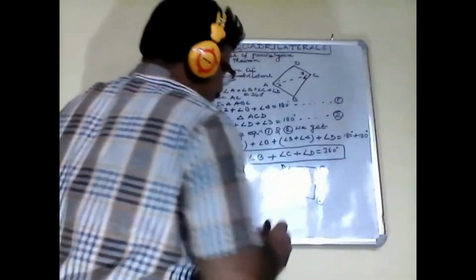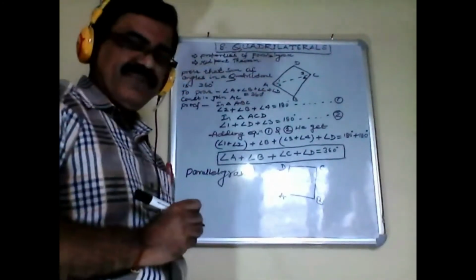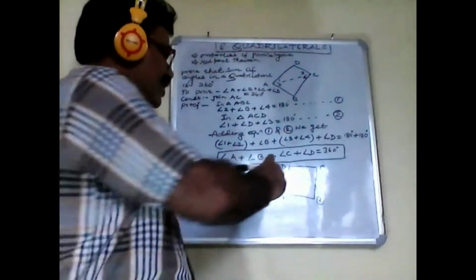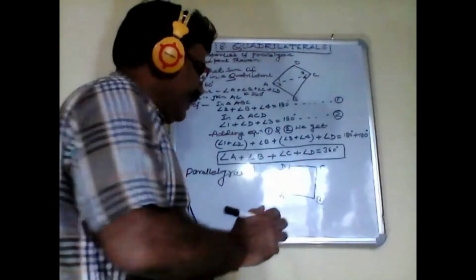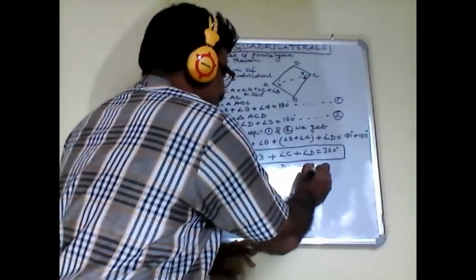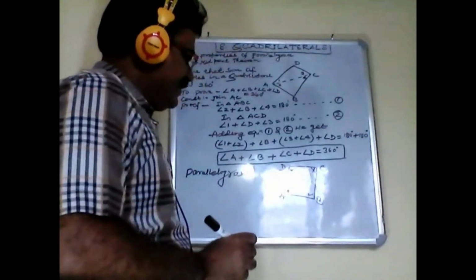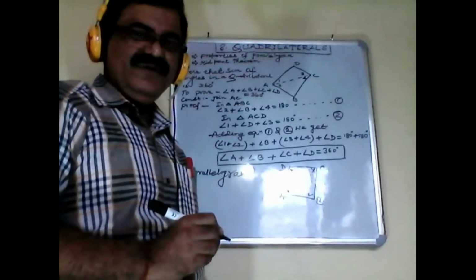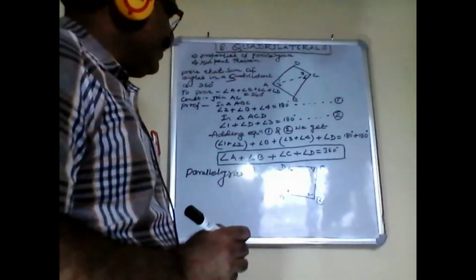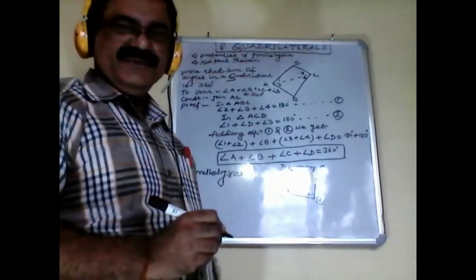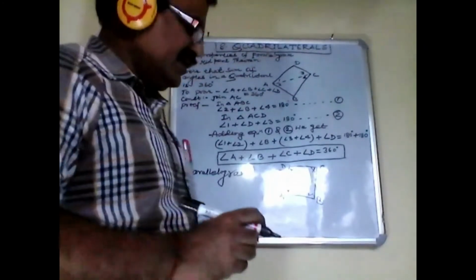This is a parallelogram, and in a parallelogram opposite sides are equal and parallel, opposite angles are also equal, and diagonals bisect it into 2 congruent triangles. These are the properties of parallelograms, and its diagonals also bisect each other. One by one we will study. Let us start.